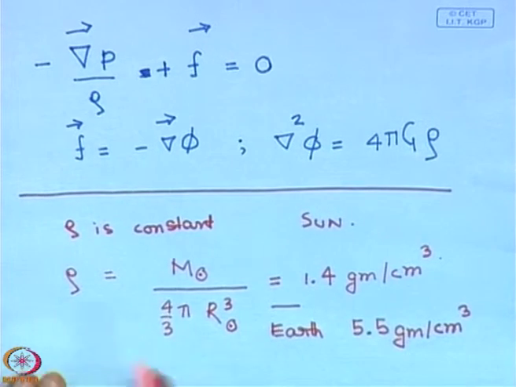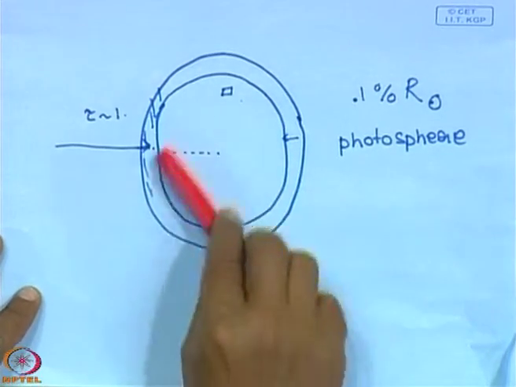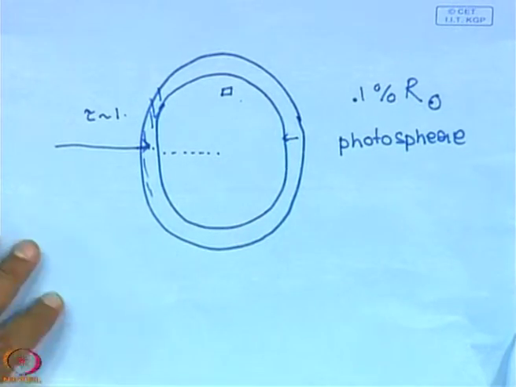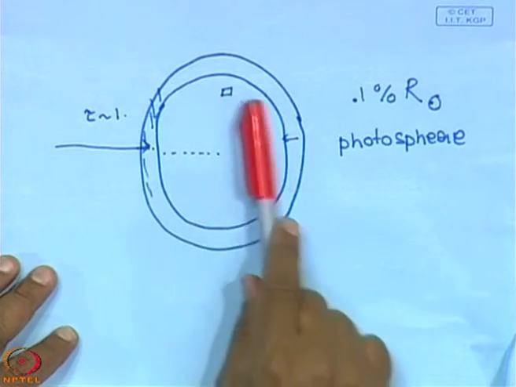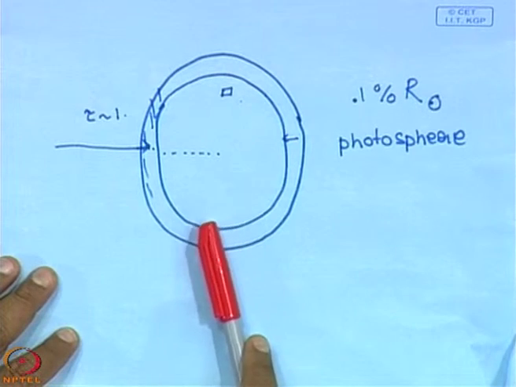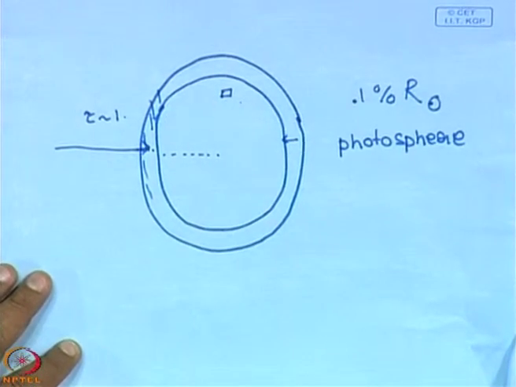The mean density of the sun is comparable to that of water, and you might naively think that this is some kind of a liquid, but it is not so. This is mainly made up of hydrogen, and the temperature and the density inside are sufficient to ionize the hydrogen.